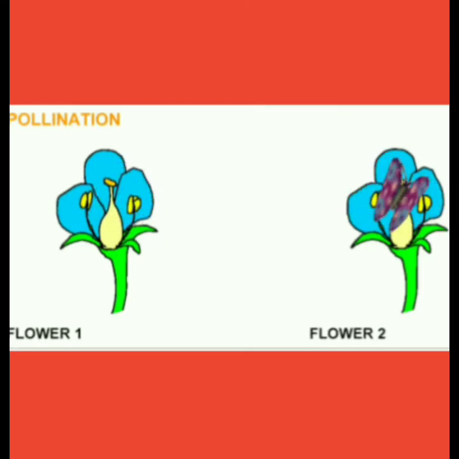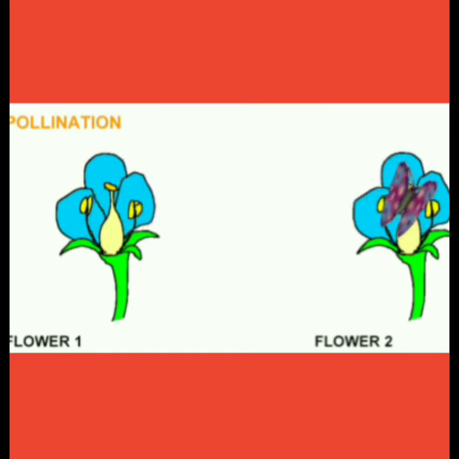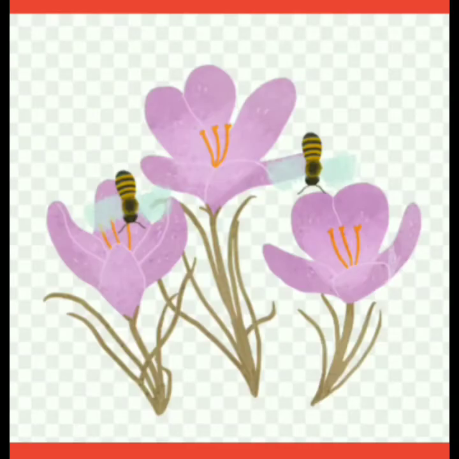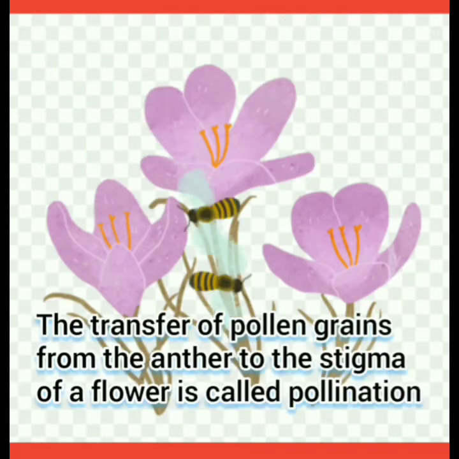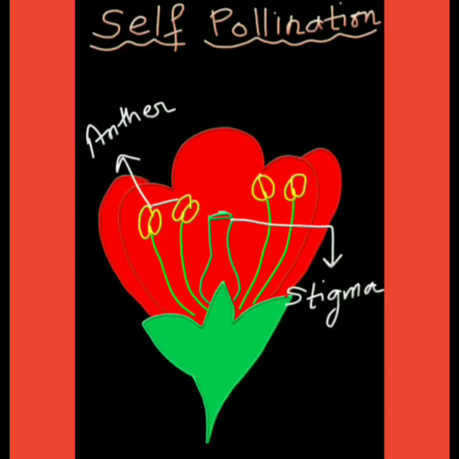And in this manner, pollen grains from the anther of one flower fall on the stigma of another flower. And this is called pollination. So, the definition is the transfer of pollen grains from the anther to the stigma of a flower is called pollination. So, the first one is self-pollination.